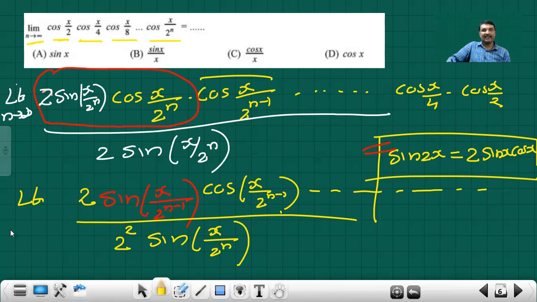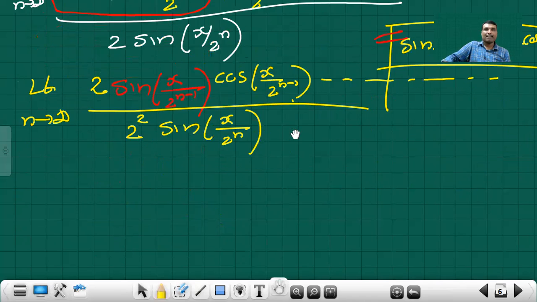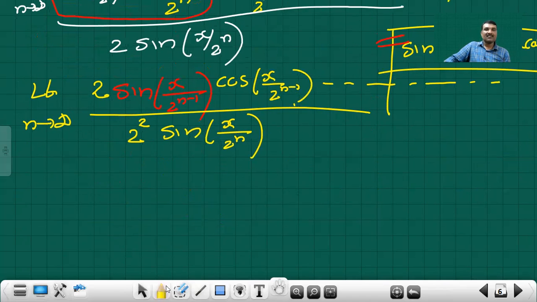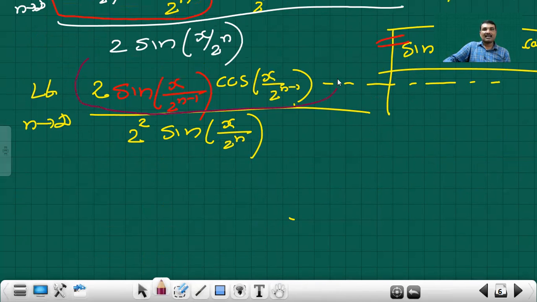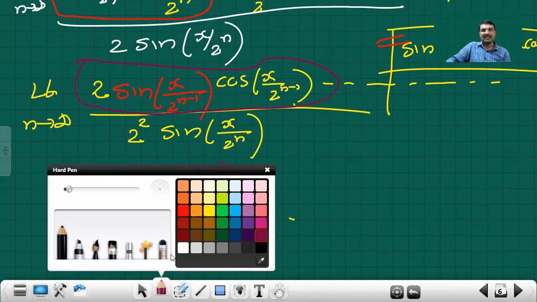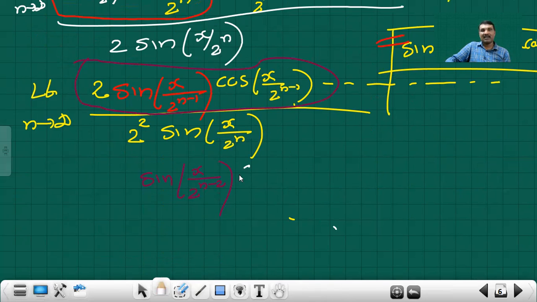Again, we have the limit here, and cancel. So this term collectively becomes sine of x by 2 raised to n minus 2. And the next term coming here is cos x by 2 raised to n minus 2.